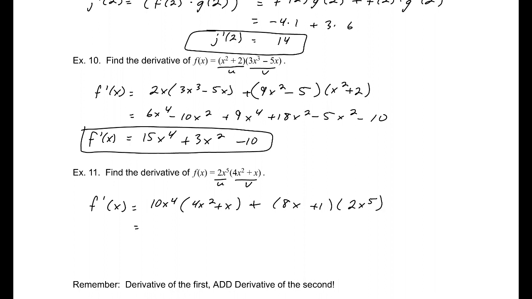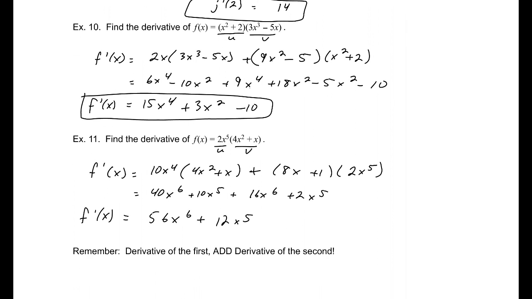So this would be 40x to the 6th. All right, 40x to the 6th plus 10x to the 5th. All right, distributing that, 16x to the 6th plus 2x to the 5th. So that f prime is 56x to the 6th plus 12x to the 5th. All right, so remember, the derivative of the first, and then you add the derivative of the second.